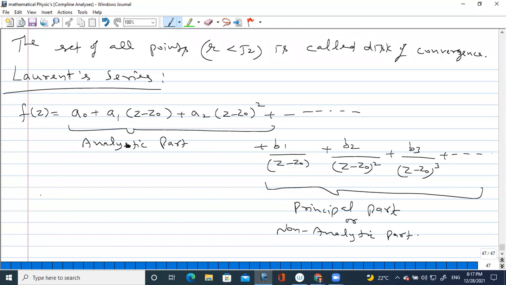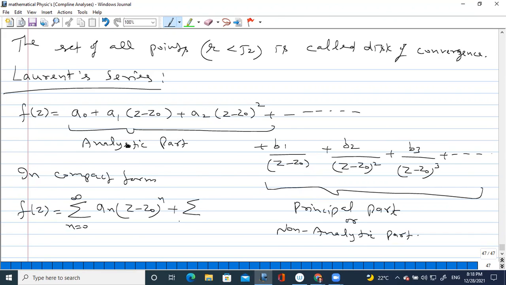Okay. In compact form, how can I write this Laurent series? f(z) will be, summation n equal to 0 to infinity a_n (z minus z0) to the power n, plus summation n equal to 1 to infinity.